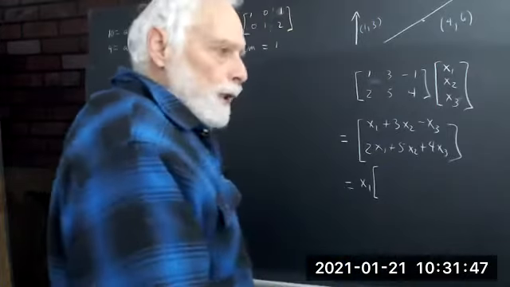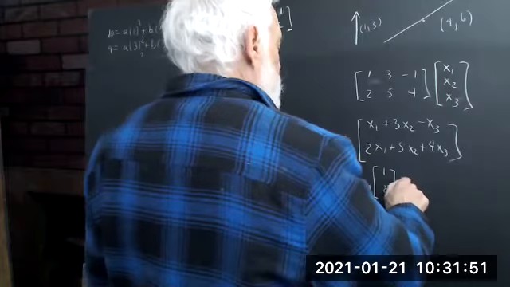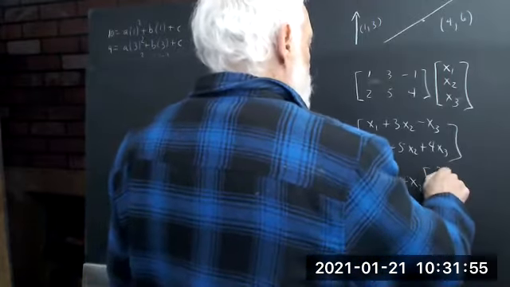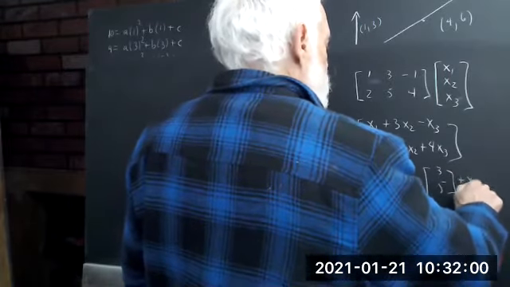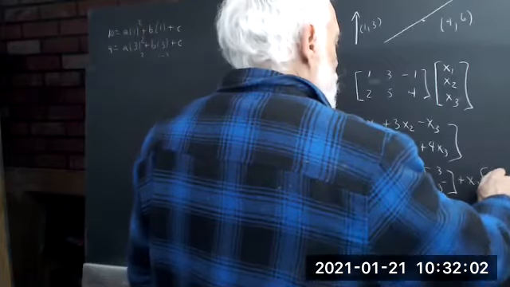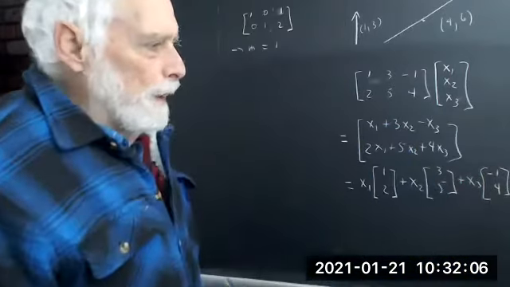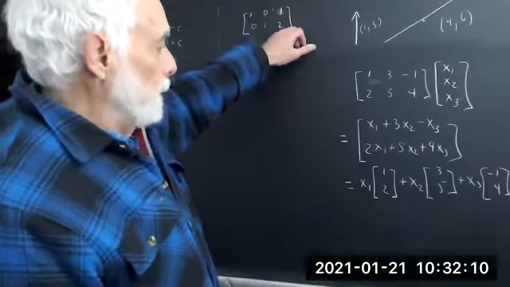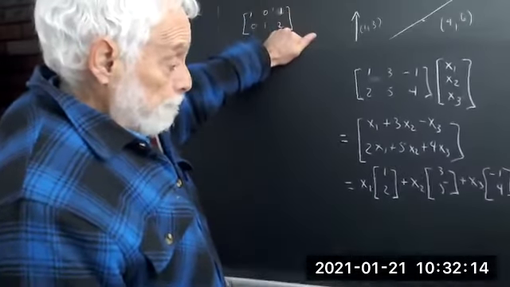This is equal to x1 times the column 1, 2, plus x2 times the column 3, 5, plus x3 times the column negative 1, 4. Now, I think I've left myself enough room down here that the watermark won't interfere, but just in case, okay, here we go. Right?